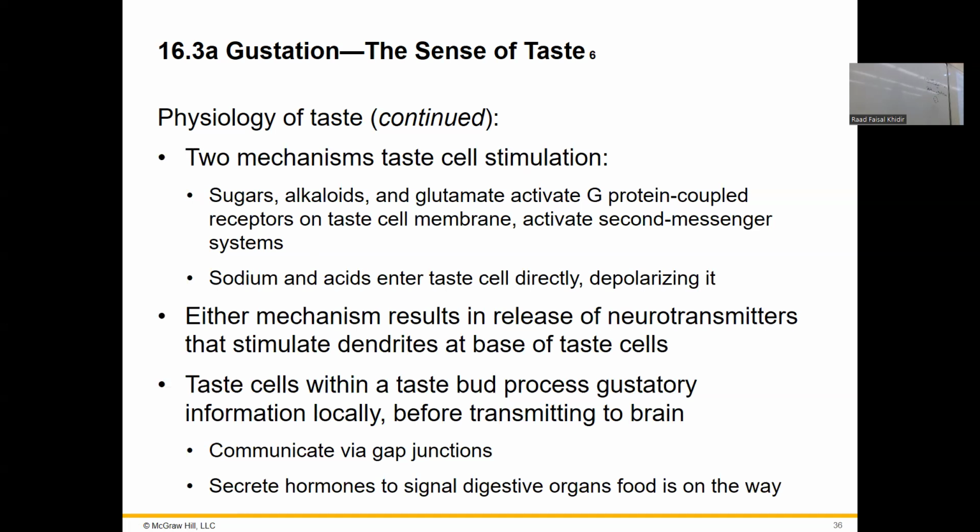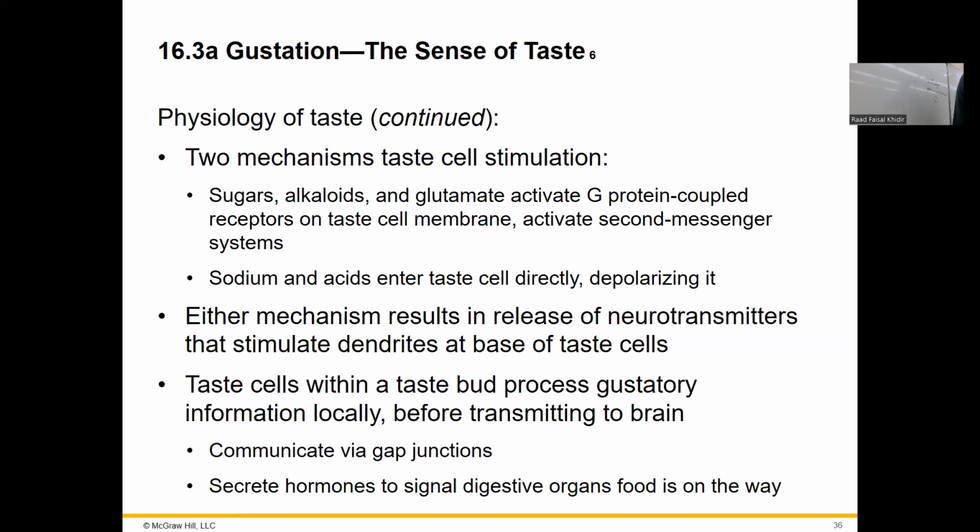So sugars and basic food and glutamate, they activate G protein coupled receptors. So I think we should have a background on what the G coupled protein receptors do. These G coupled protein receptors are dealing with a hydrophilic substance.